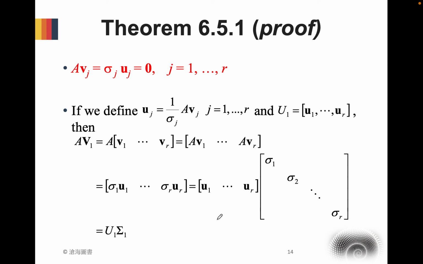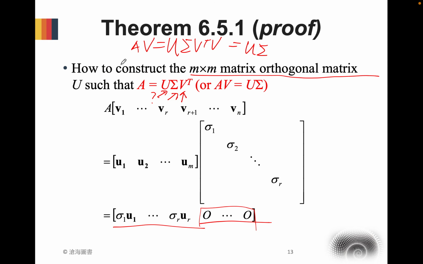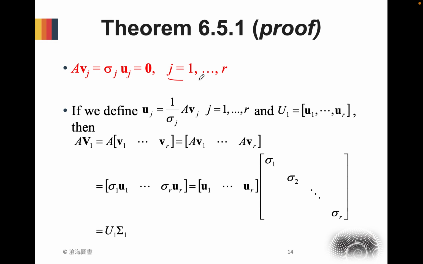So finally we know A Vj is equal to sigma j Uj, where j is from 1 to R. Let me check our textbook.